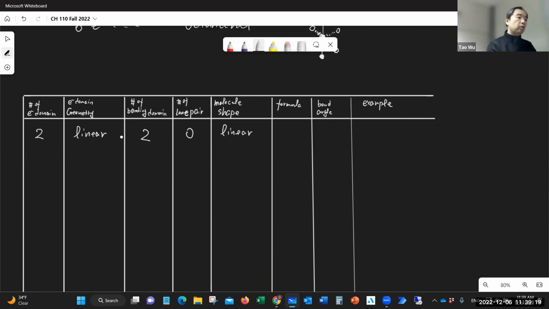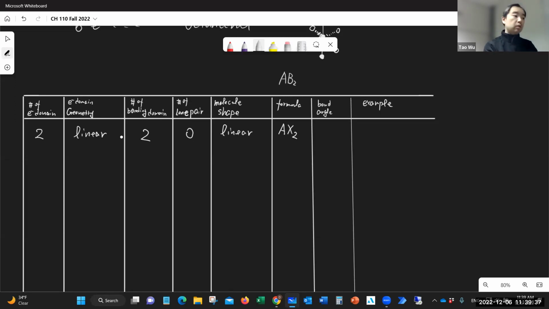Okay, so usually for the formula, we write it like this: AX2. The X means the side atoms. Some people like to write AB2. It's the same thing, AB2, AX2.